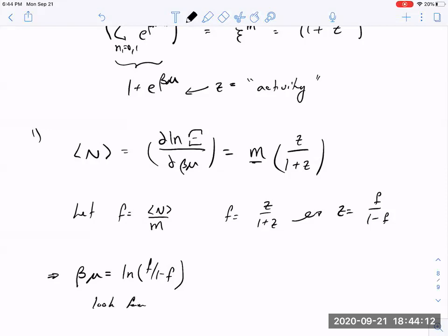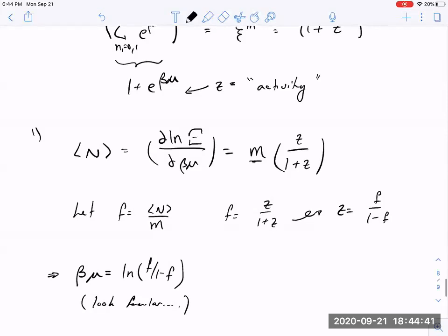That should look a little familiar. That sort of functional dependence on the fraction is something we'll see again and again. It comes out, as you might expect, as a statement of non-interacting systems generally. It will behoove us to note that we could have written this expression in one other way, as 1 plus z is equal to 1 over 1 minus f.